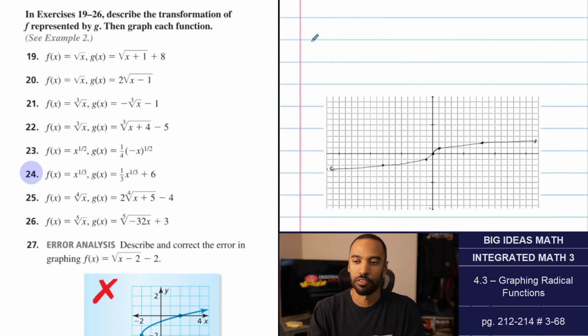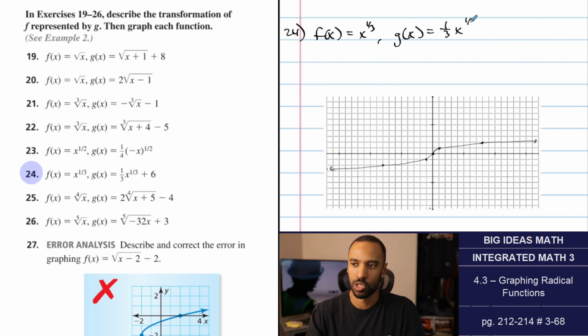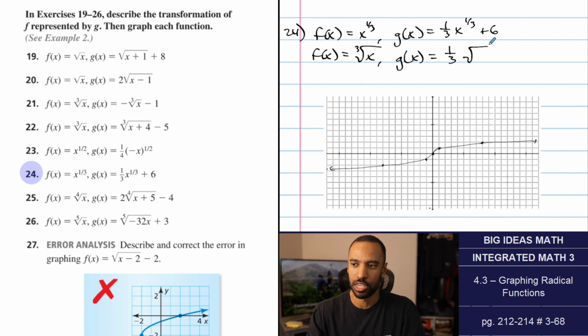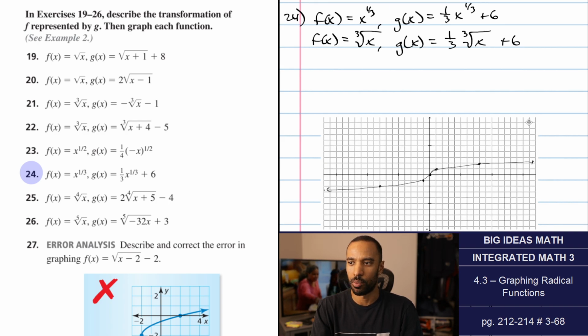Number 24. We have f of x equals x to the 1/3, and g of x equals 1/3 times x to the 1/3 plus 6. Of course, this is also the cube root of x, which you see pictured below. And g of x is also 1/3 times the cube root of x, and then the plus 6 on the outside. So what's our description compared to our original parent function?